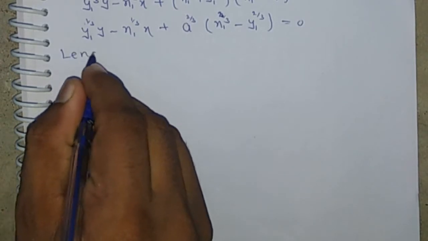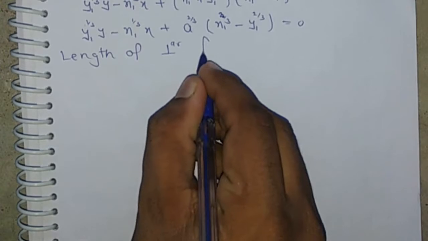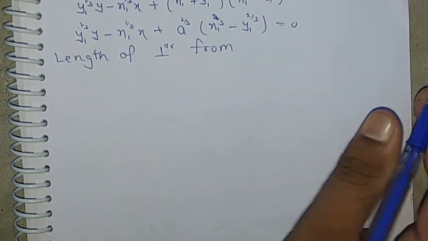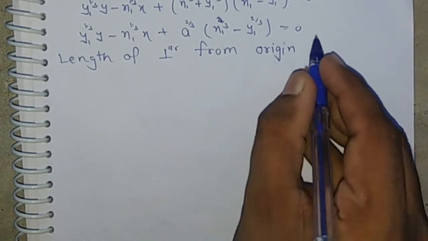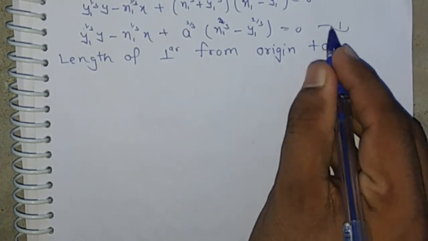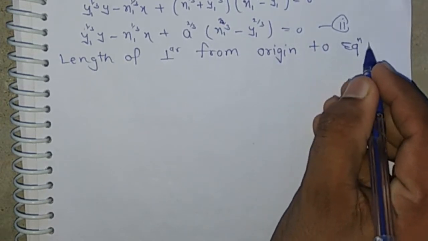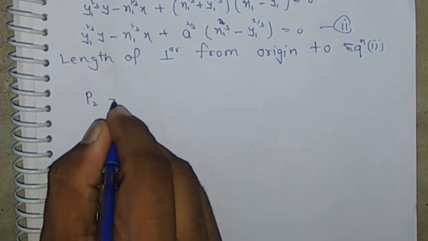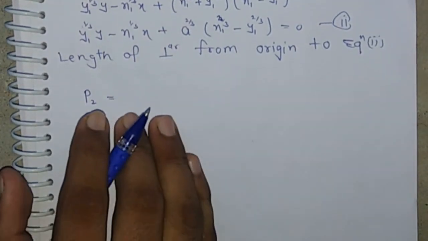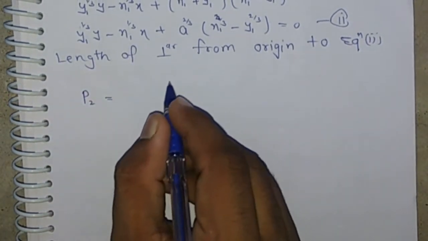Now find the length of perpendicular from origin to equation 2. We have P2, the length of perpendicular from origin to the normal, then P2 equals C upon under root A square plus B square.